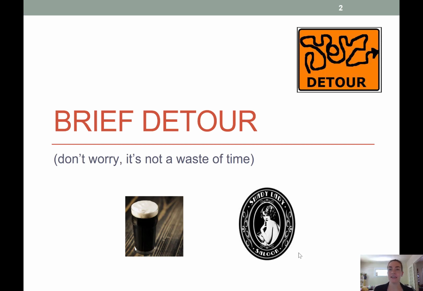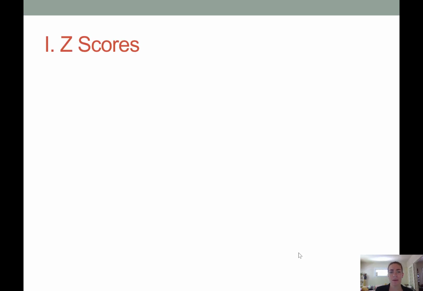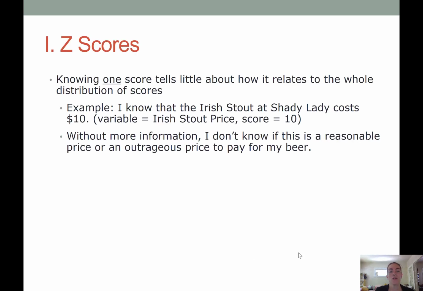So depending on the context, you might be thinking, wow, that's a lot of money, or that's a really decent price. So there's a lot of questions that we might ask ourselves, right? So knowing one score, just knowing that my Irish Stout cost me $10, or that the value of my Irish Stout was 10, doesn't tell us much about the whole distribution of possible prices.